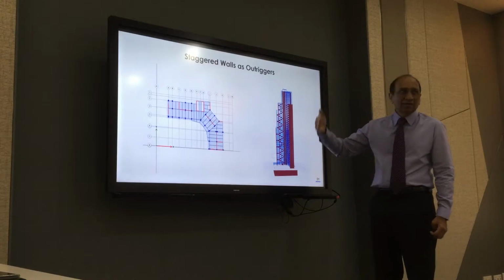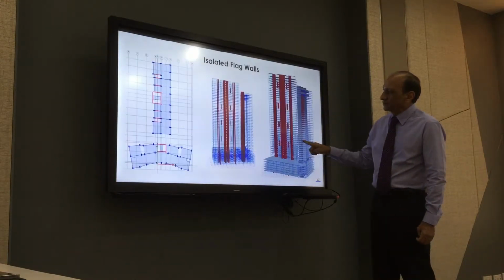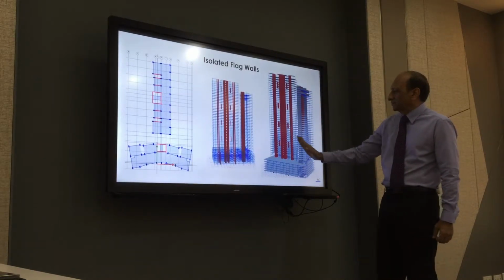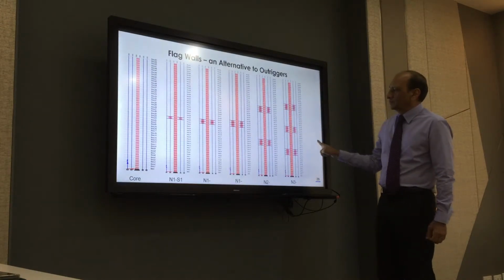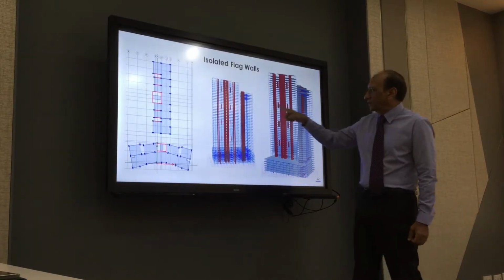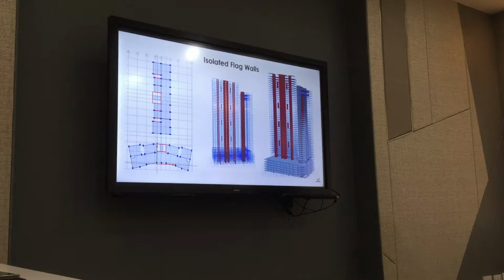It's like a truss, but through the walls. Then you have isolated flag walls, just placed here and there, randomly, following this rule. And this also works. You can see from here. This also works to control drift and control the forces.